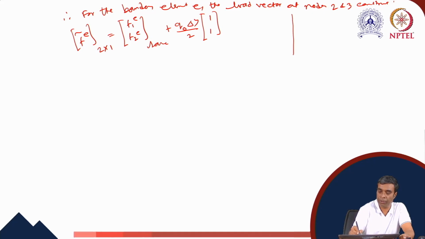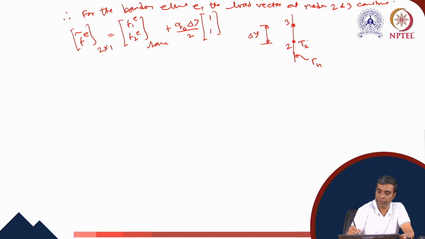Now I redraw the picture. This is node 2, this is node 3, this is the mesh size delta y, this is the natural boundary gamma h.